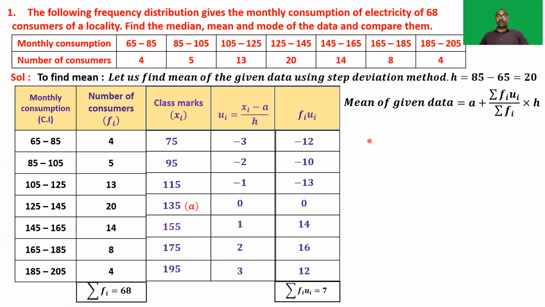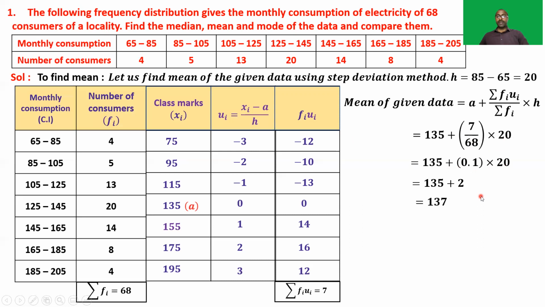So as a is equal to 135, sigma fi ui is 7, sigma fi is 68, and h is equal to 20. So 135 plus 7 by 68 is 0.1, and into 20 we have 135 plus 2, which is equal to 137. So the mean of the given data is 137.